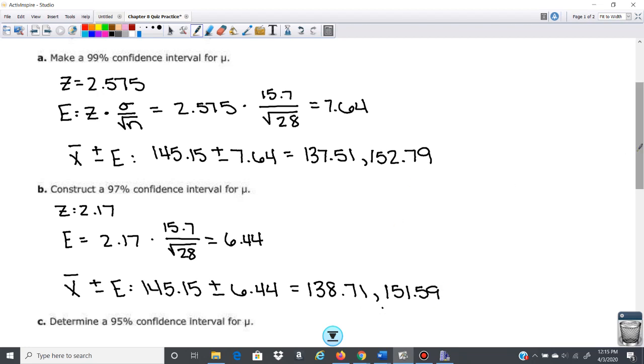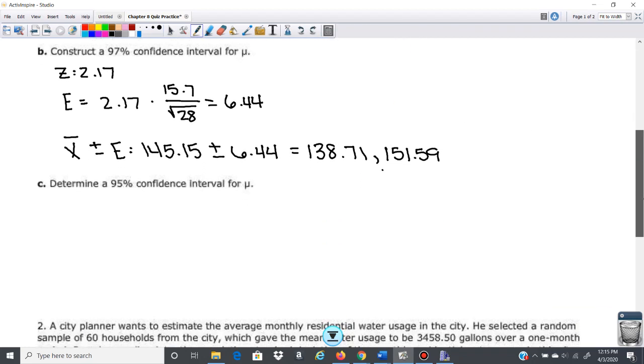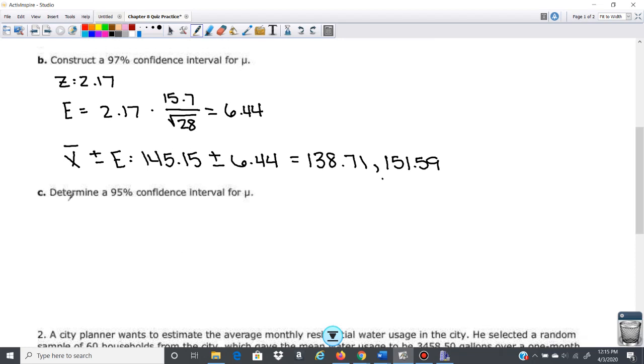And then for our 95% confidence interval, we're using a Z value of 1.96. So our margin of error is going to be 1.96 times 15.7 over the square root of 28.